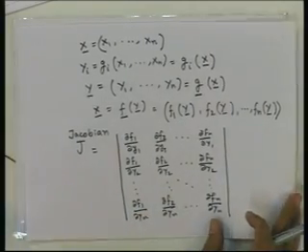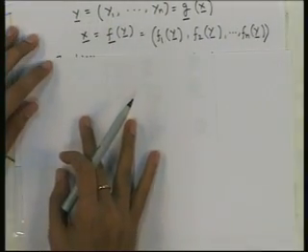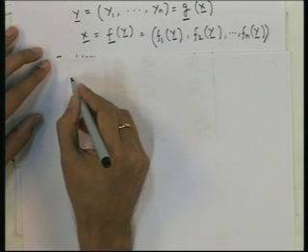Then one can show that if we know the density function of x, we can find the density function of the new random vector y in the following way.